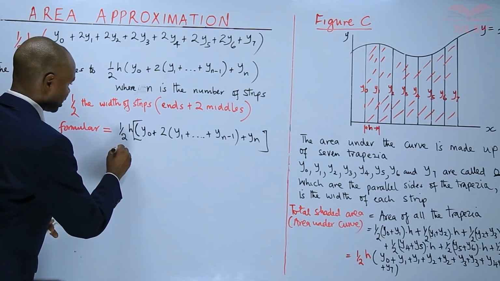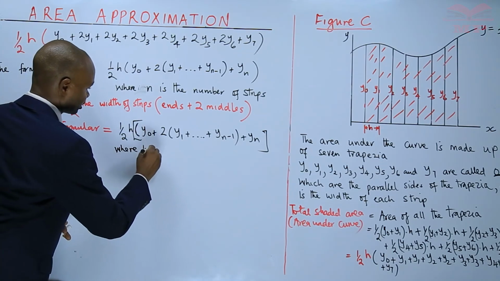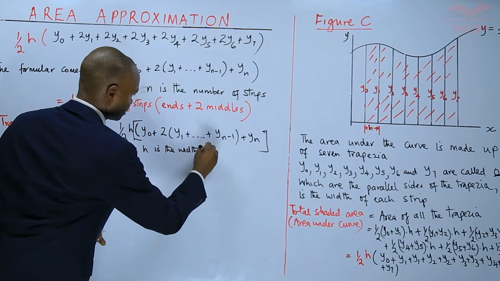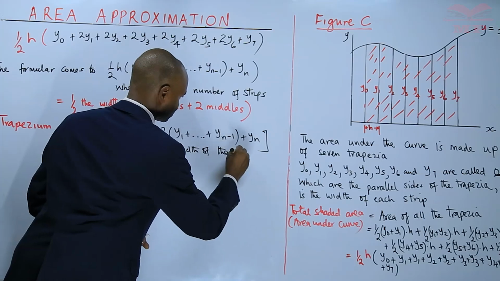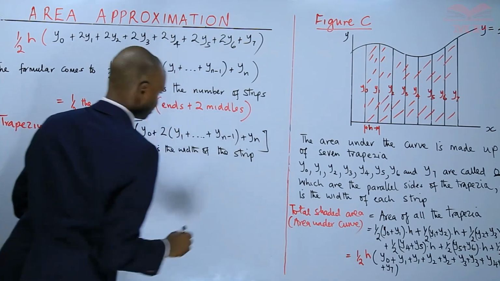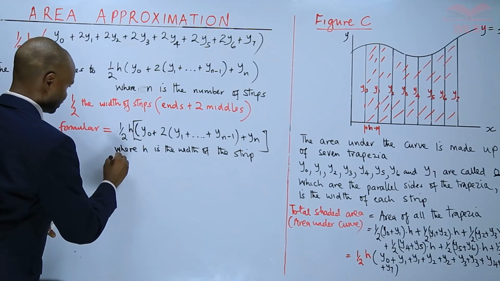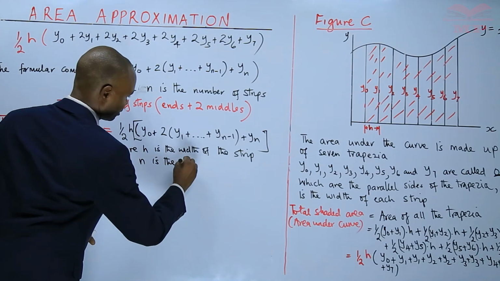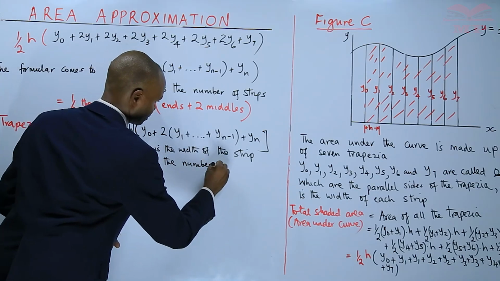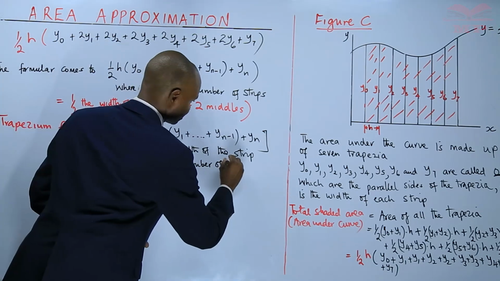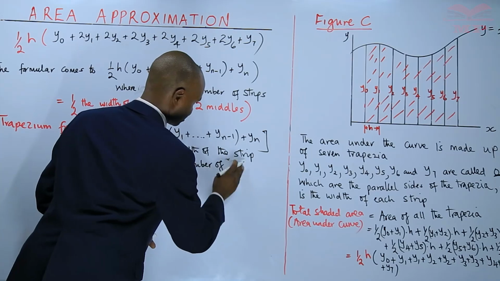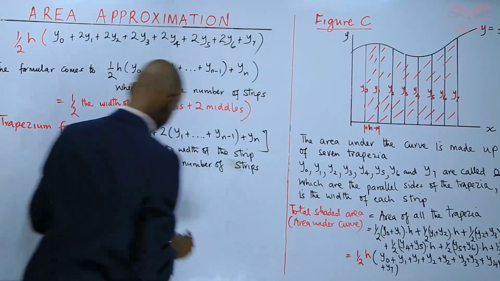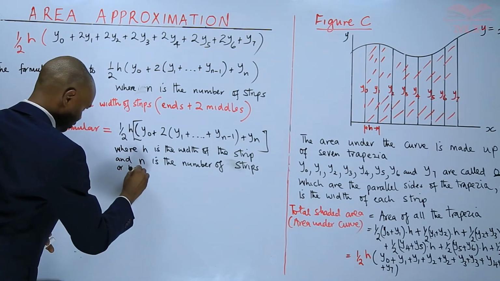So you come and say where h is the width of the strip, and n is the number of strips, or trapezia.